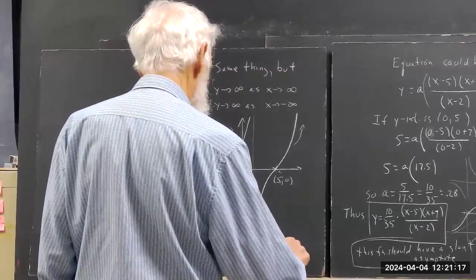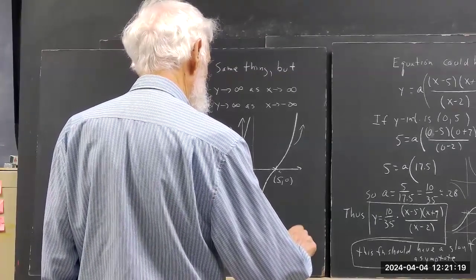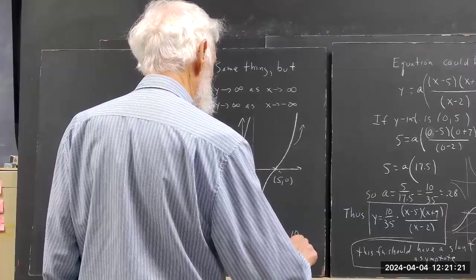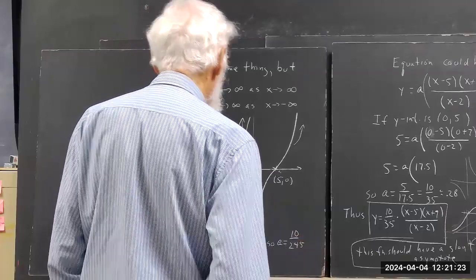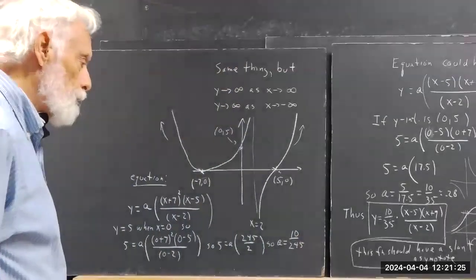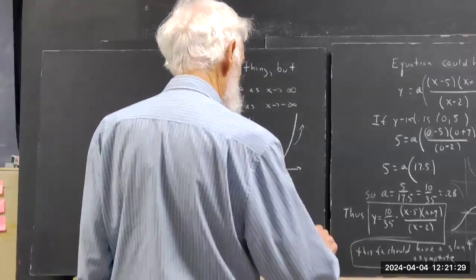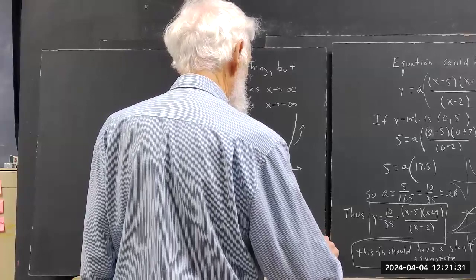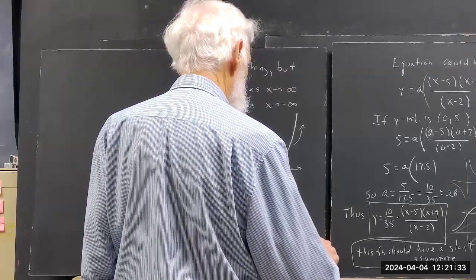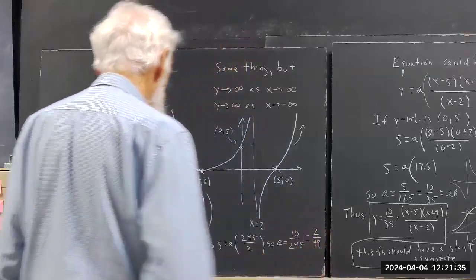So A is 5 over 2 divided by 245 over 2, which reduces down to 1 over 49, which is a little easier to understand.